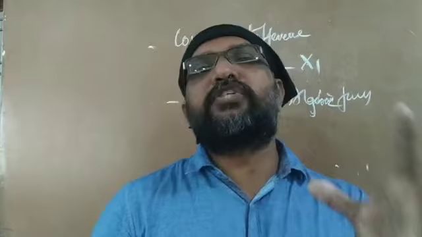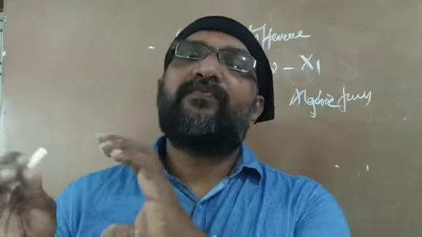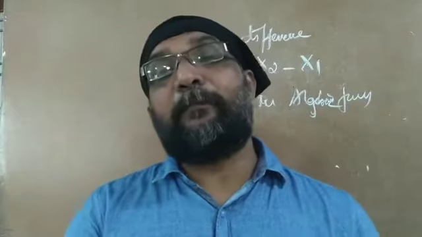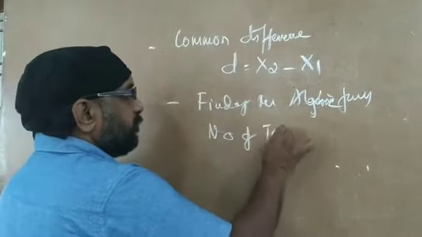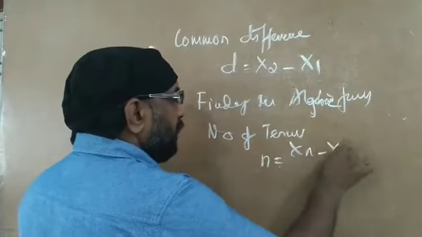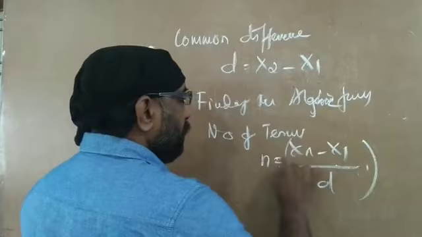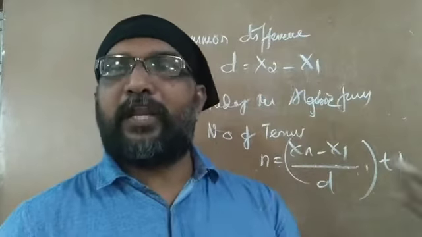Then after that, finding the number of terms in an AP. n is equal to (xn minus x1) by d plus 1. This formula could be used to find the number of terms.